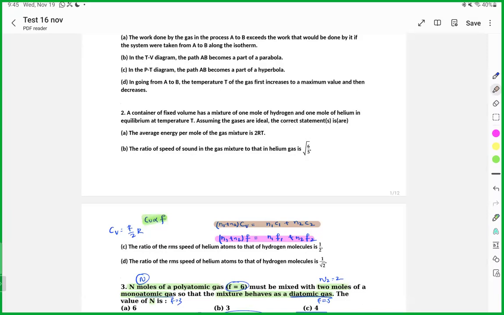Okay, so tomorrow you will minimum have 3 classes. In the morning it will be chemistry.